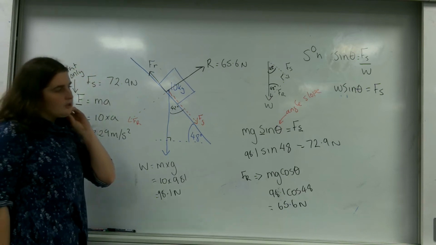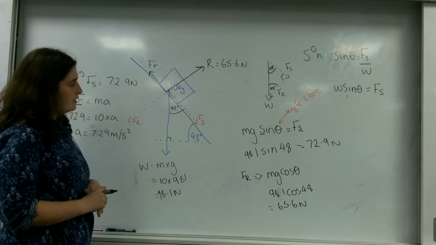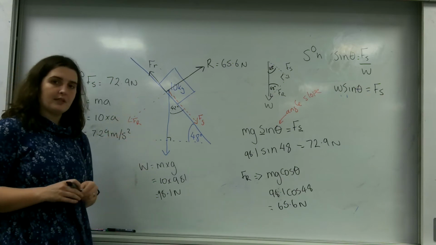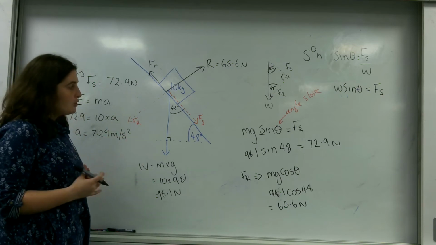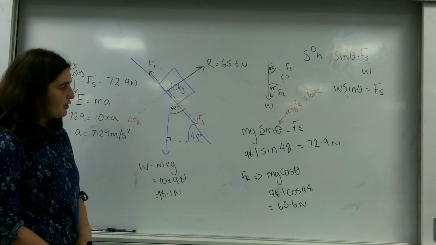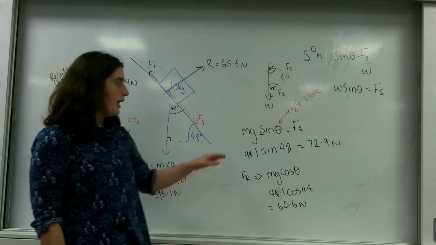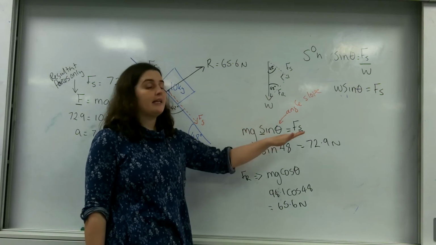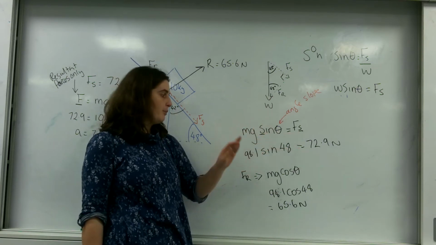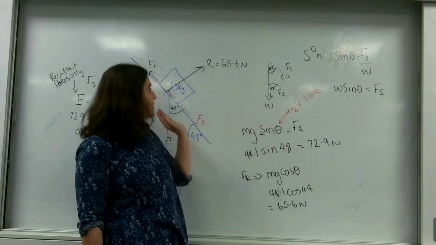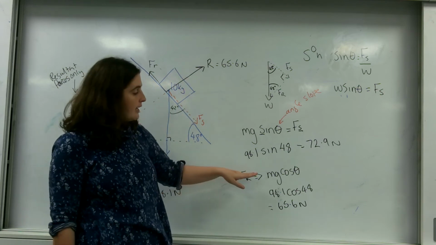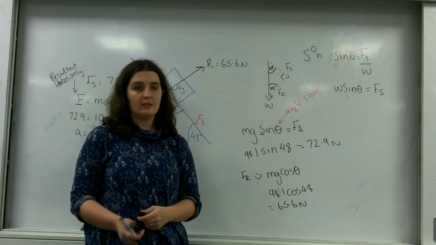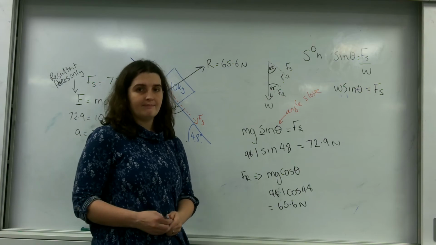It's really important that you realise how to draw these diagrams. If you are unsure about angles, you are welcome just to remember that the force down the slope is mg sine theta because it's the slope, and the one acting in the direction of the reaction force is mg cos theta.